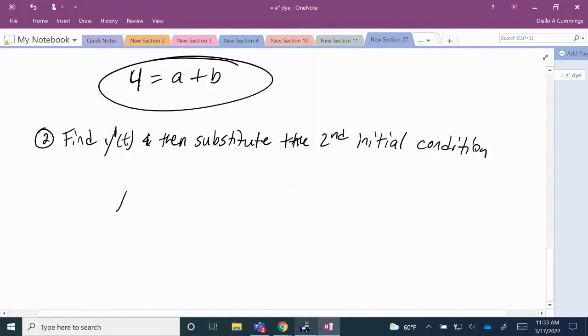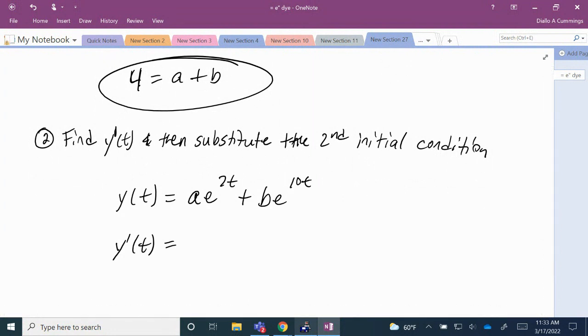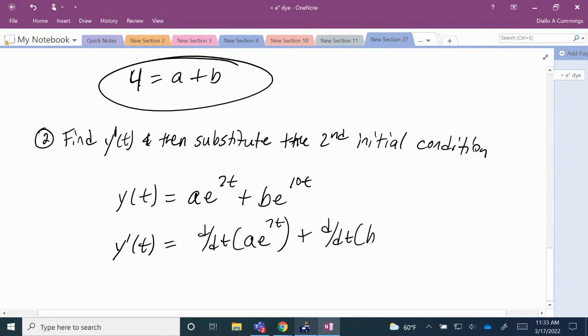I'm going to write out y of t, which is what we're given. That's equal to a times e to the 7t plus b times e to the 10t, and we want to find the derivative. So I want the derivative with respect to t for a e to the 7t plus the derivative with respect to t for b e to the 10t.